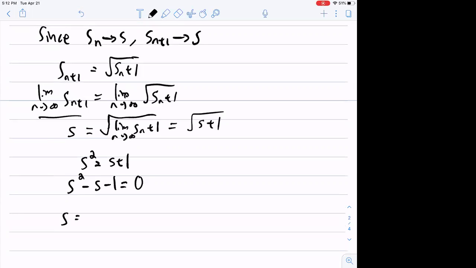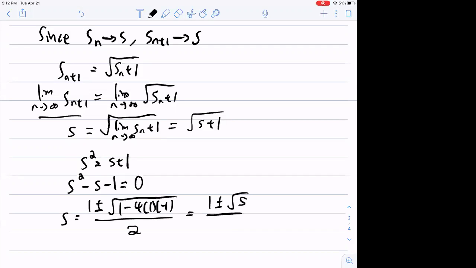So S equals negative B, so negative negative 1, that's 1, plus minus the square root of B squared, which is 1, minus 4 times 1 times negative 1, over 2, right? Okay, so the inside should be 5, right? I hope, yeah.